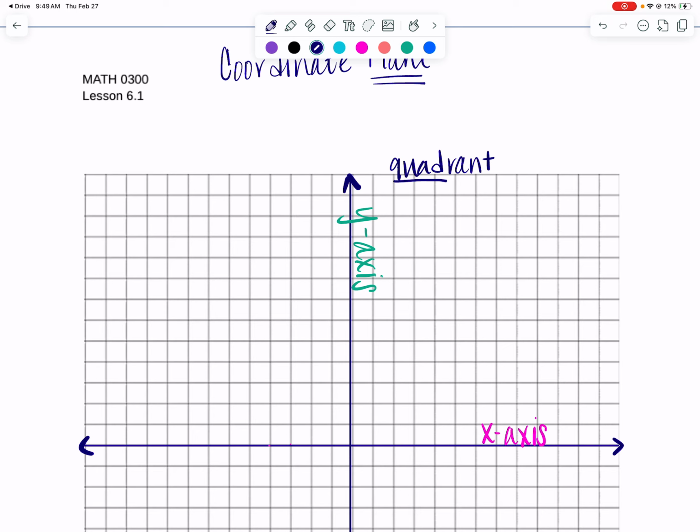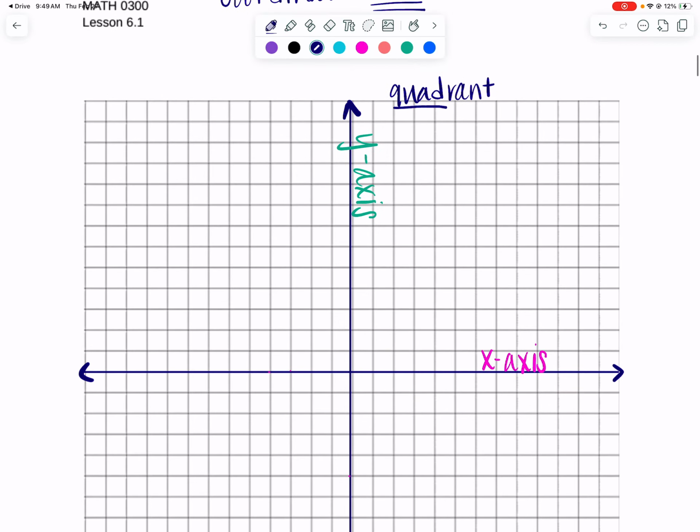So these axes create four sections or quadrants for the coordinate plane. When we name them, we start in the top right corner. So we start up here in the top right, and this is quadrant 1.